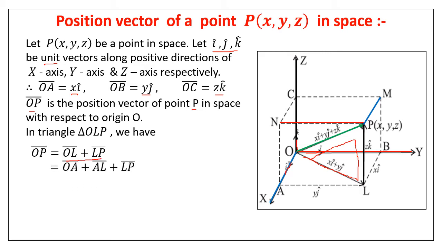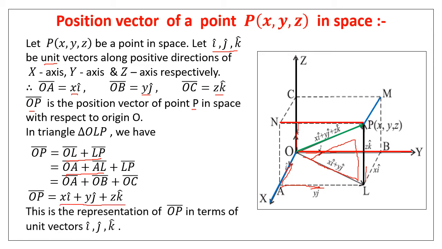Now OL bar is OA bar plus AL bar, plus LP bar, equals OA bar plus OB bar plus OC bar, since we have AL equals OB bar and LP equals OC bar. See from diagram, which are parallel vectors. So OP bar equals x i cap plus y j cap plus z k cap.